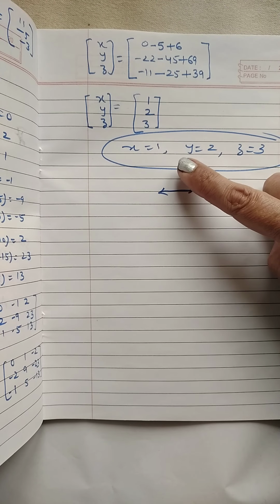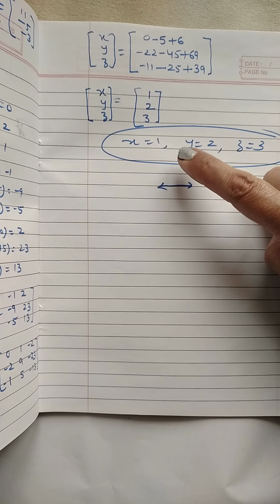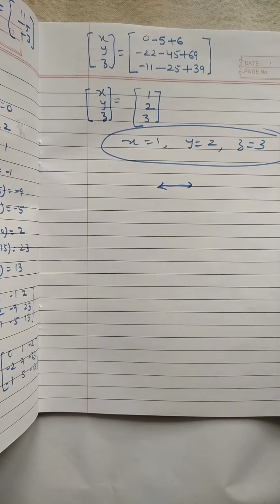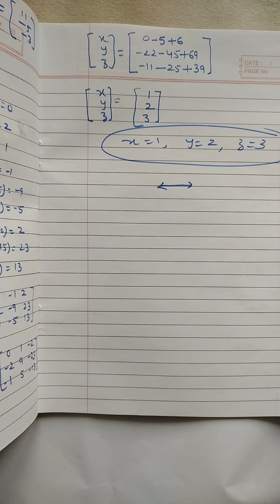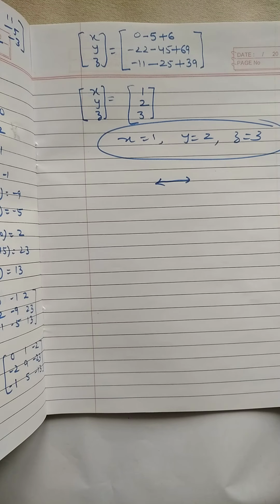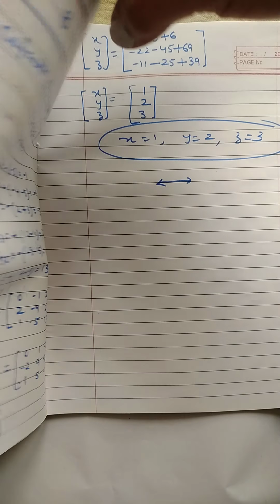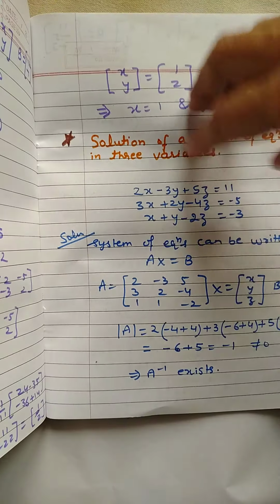Clear? So we have found the values of x, y and z using the matrix method, and this is a very important concept. Once again I am repeating the steps. Firstly, write the system of equations as Ax = b, then write A, X and b. Next step is to find determinant A. If it is non-zero, only then its inverse exists.